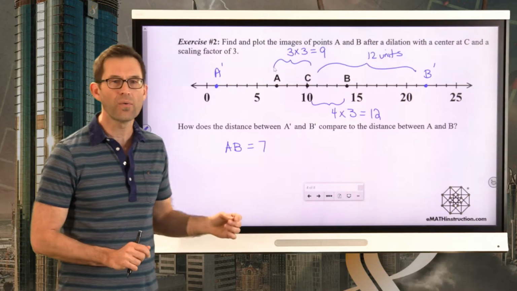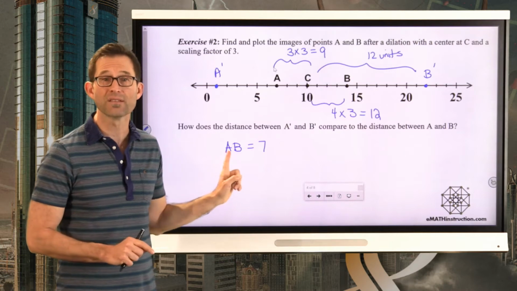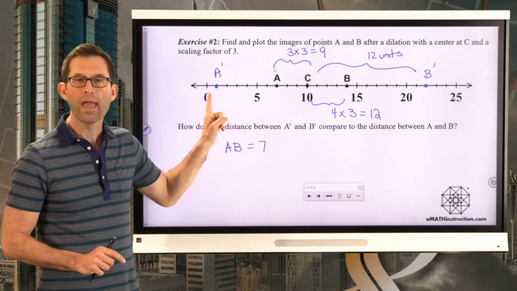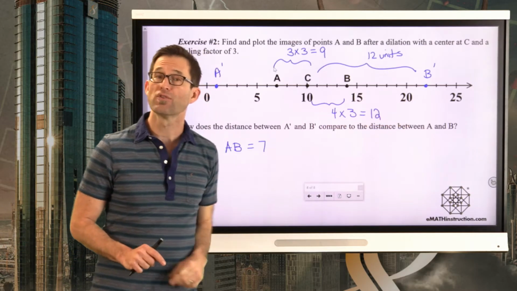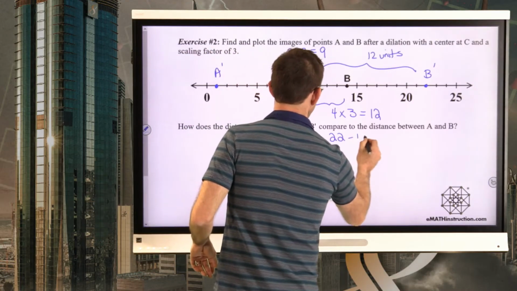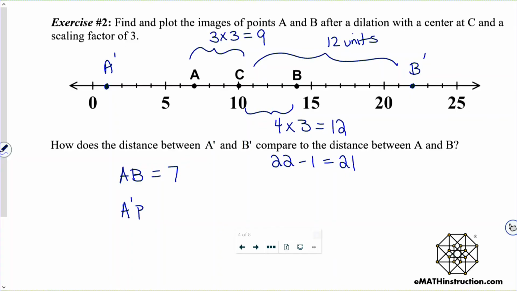Remember, if we don't have a little segment over the two letters, it literally means the distance from point A to point B. Now, A prime is here at 1, B prime is over here at 22. And obviously, 22 minus 1 is 21, which means A prime B prime is equal to 21.